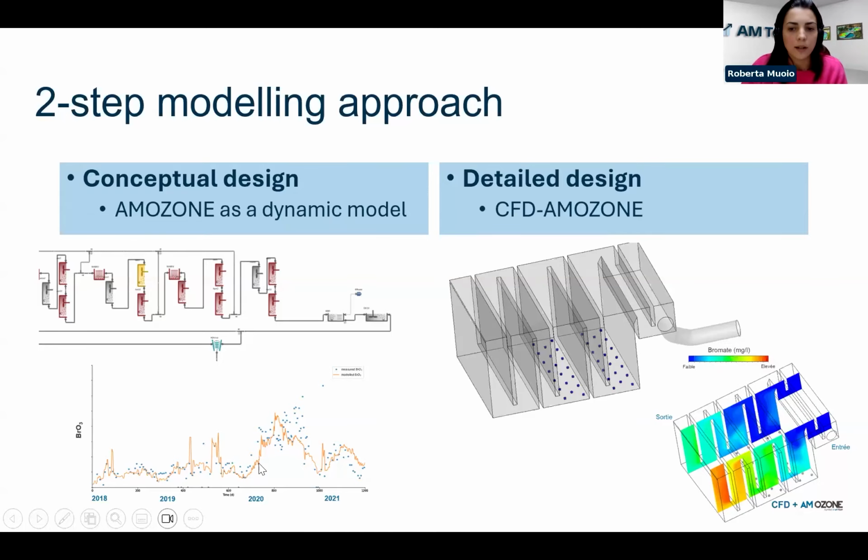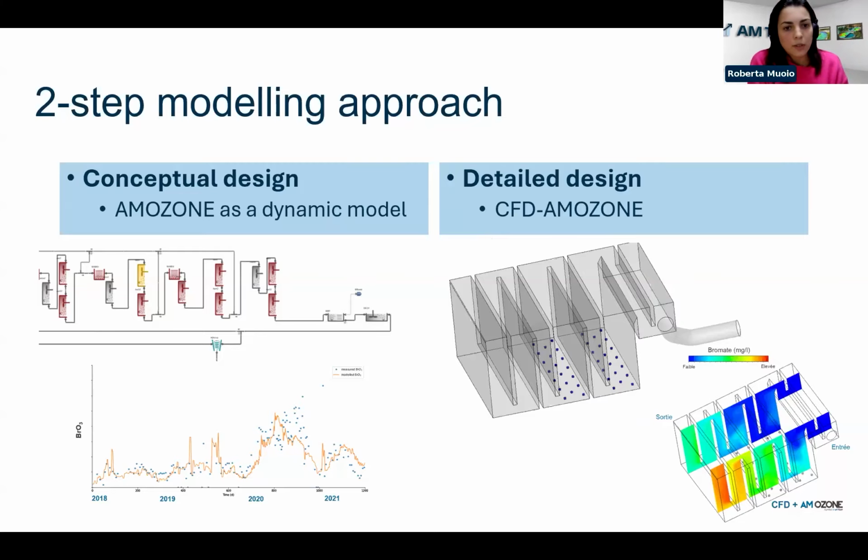And this phase helped testing how the plant would perform under different operating conditions, different scenarios, similar to what Jessica just showed in the demo. And this phase is not strictly necessary. So we have also examples of utilities which start from the detailed design already. However, it's quite recommended to have some initial estimation that can save time and cost from our experience.